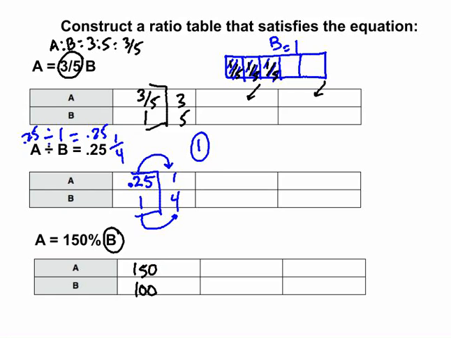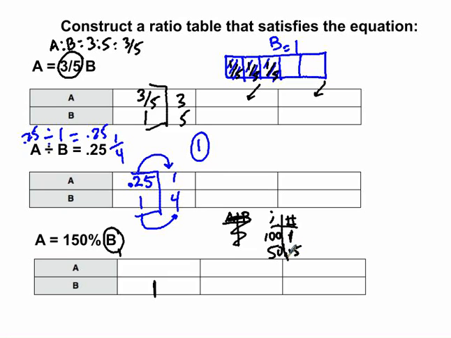Now, you could also get that by plugging in any other number and using your understanding of 1. So if we made B 1, A would be 150% of that. So if I'm thinking percent and number, 100% of the number would be 1. 50% would be half of that, which would be 0.5.